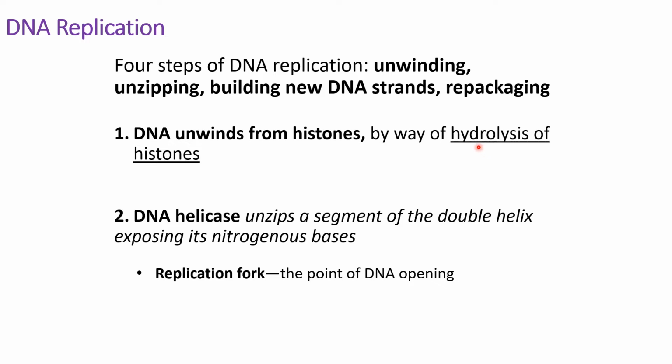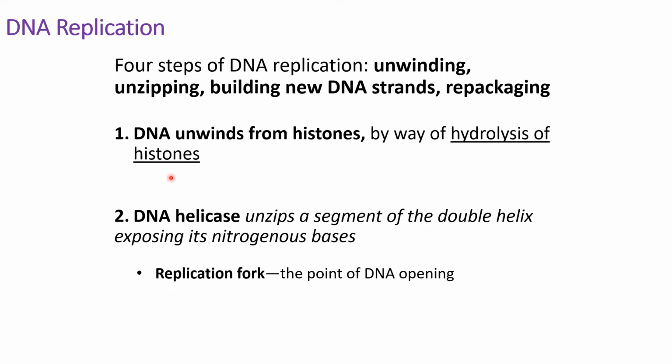As long as water is present, water will come along and interfere with the chemical bonds existing in histones, and this will cause a breaking apart of the histones. After I talk about these steps, we're going to see a picture of all this.